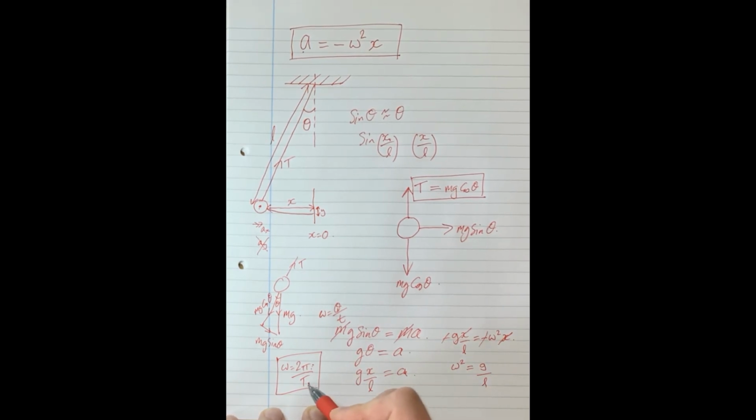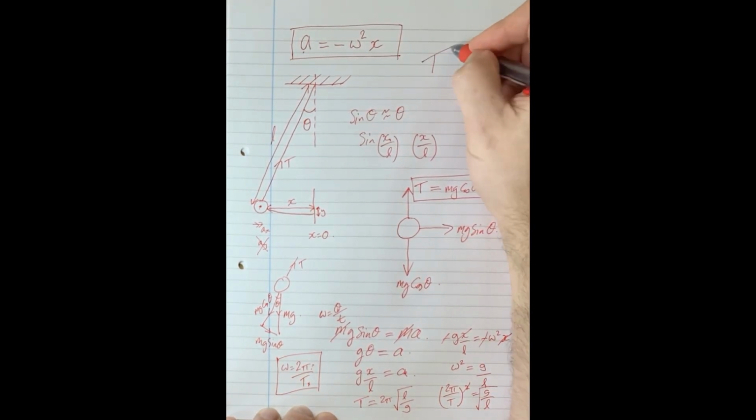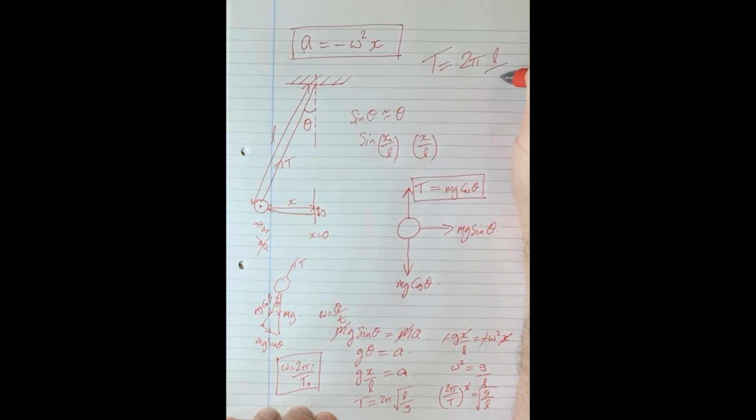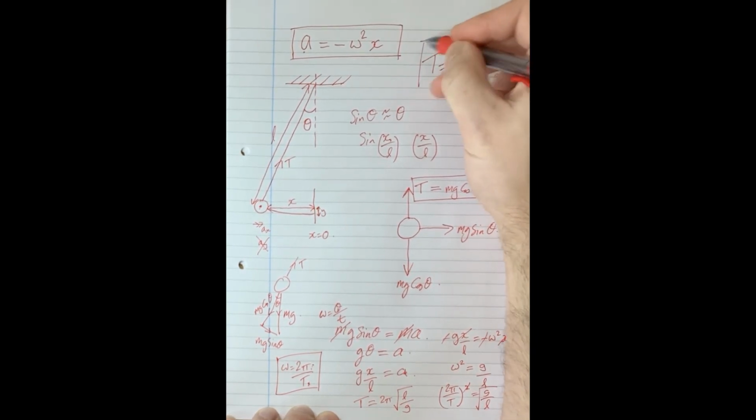And this is where we get the time period for our equation. So we've got 2 pi over T all squared equals g over L. If we square root both sides, and then flip these around to get T as the subject of this equation, I end up with T equals 2 pi root L over g. Okay, so just to make that clear, the time period for a pendulum is 2 pi root L over g.